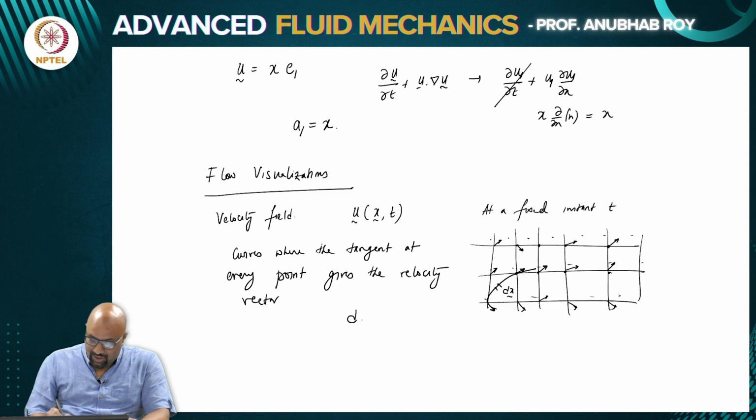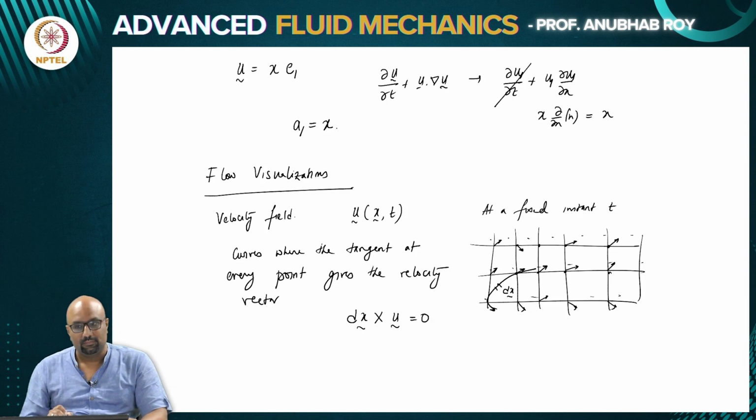If it's a tangent, then the property is dx cross u is equal to 0. That's the idea of it being tangent: if the velocity vector at that particular point is tangential, then u should be parallel to that differential line vector that we have.